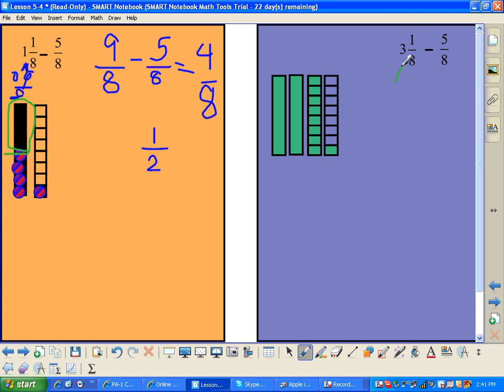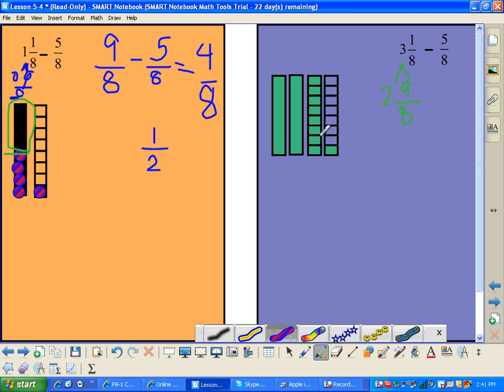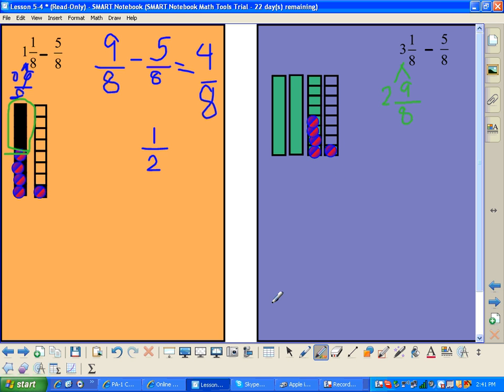So what did we rename it to? How many wholes do we have now? We have 2 wholes. How many eighths? 9/8. So now we renamed our fraction to 2 and 9/8. And now we can perform our subtraction. We can subtract 1/8, 2/8, 3/8, 4/8, 5/8.